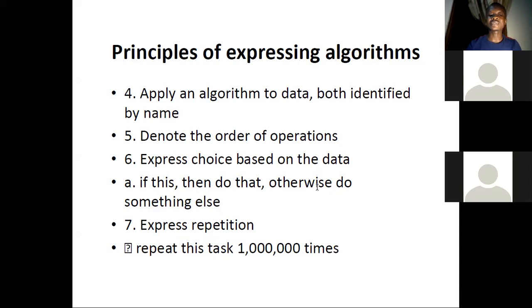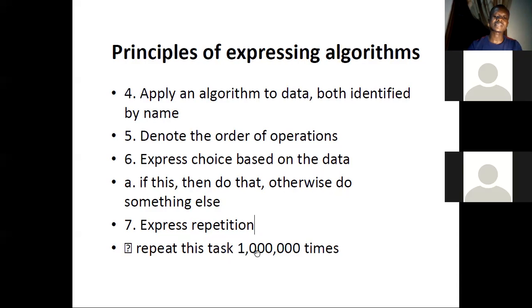There's repetition in there. It turns round and round, keep going until you do a certain number of runs. Water is in it, and then soap is in there. So we should be able to express repetition in our algorithm.